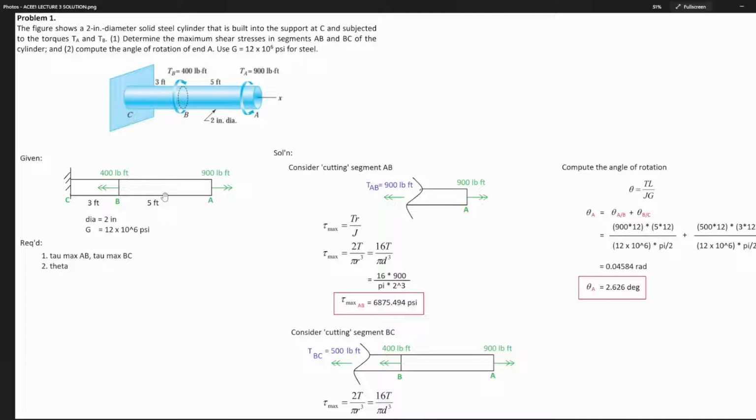You can choose the left side or the right side of your figure. I chose the right side.